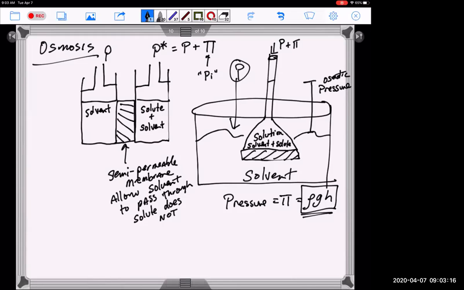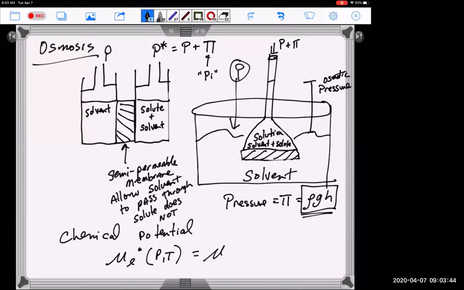Okay, so how is it set up? Well, it's set up with chemical potential, right? This is our tool, and this is why it was so important. Because on both sides of this membrane, you have the same chemical potential. And so we have the pure liquid, and it's got to be equal to the solution.